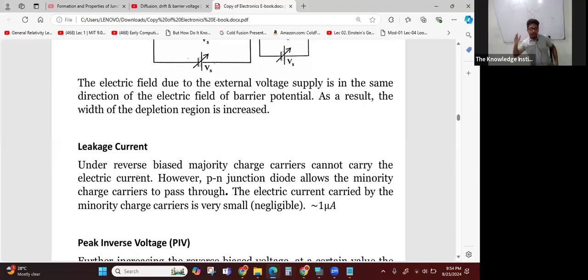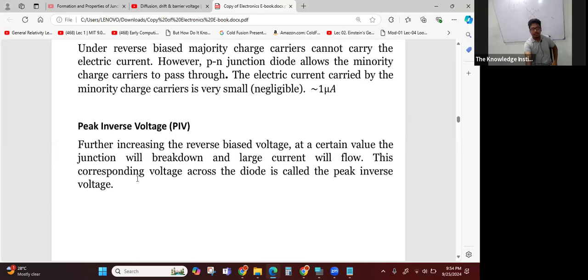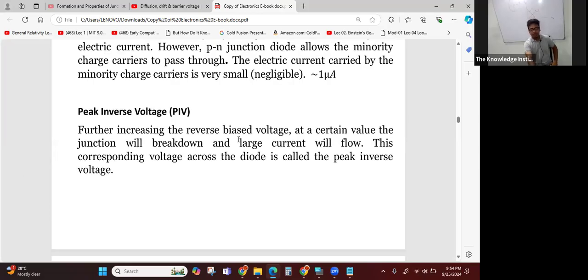And if we increase this reverse bias supply voltage more and more, at a particular point the junction cannot withstand it, and suddenly the entire thing collapses so that the junction breaks down and a large current will flow. This corresponding voltage across the diode is called the peak inverse voltage.